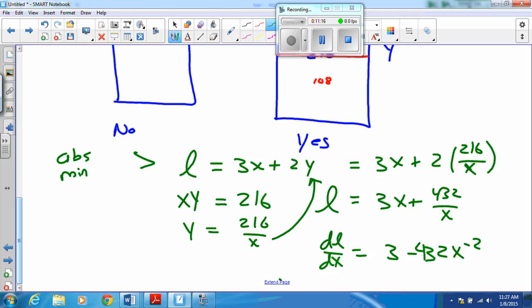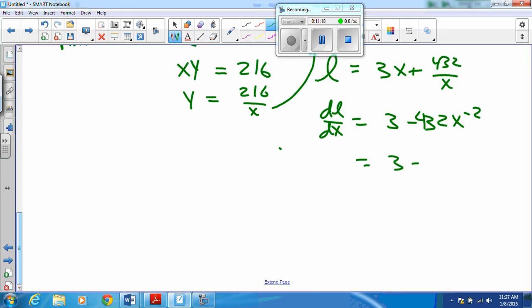Or 432 over x squared. Now that I have the derivative, what do I do with it? I set it equal to 0 to find critical points. This is a kind of awkward equation, so I'm going to clear the fractions by multiplying both sides by x squared.